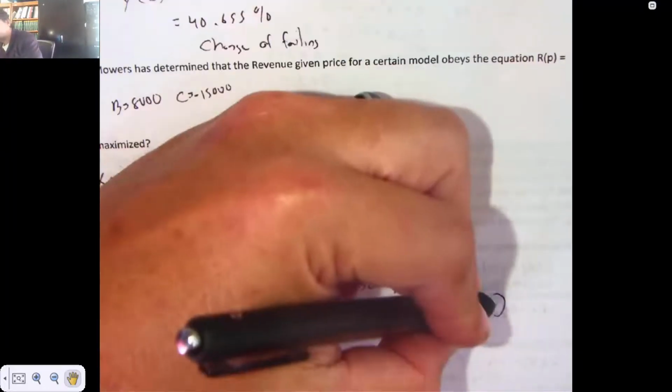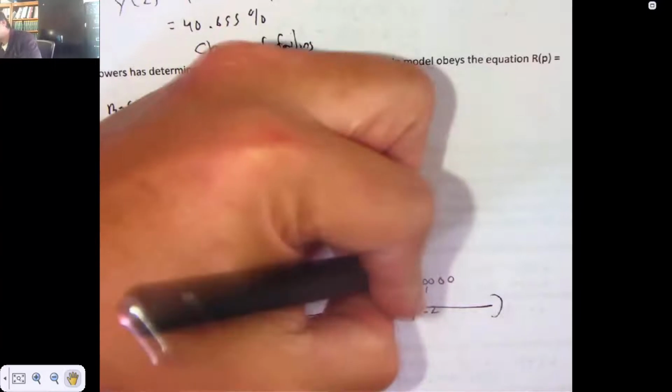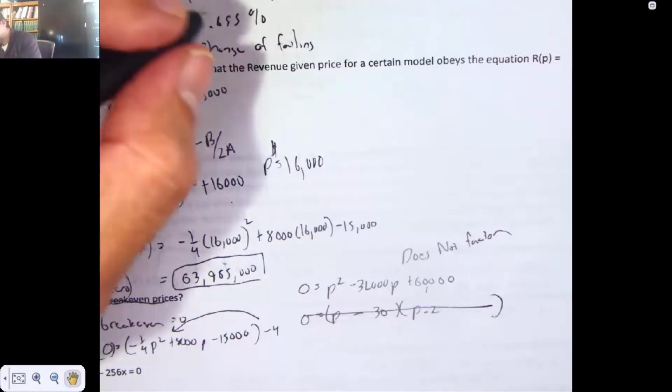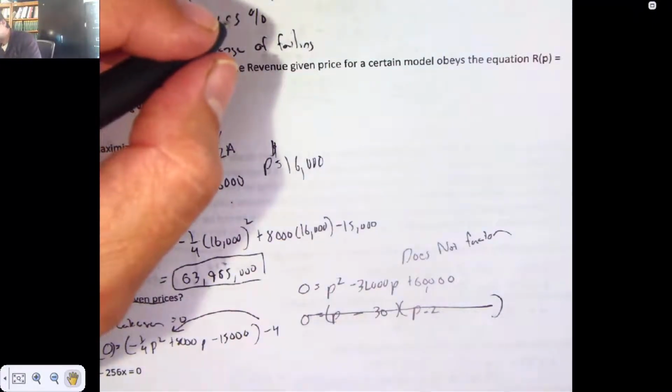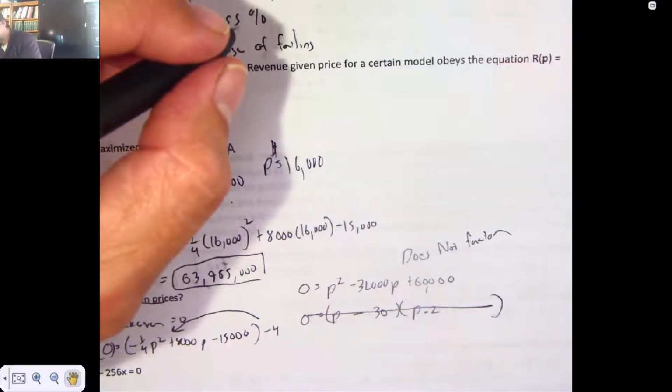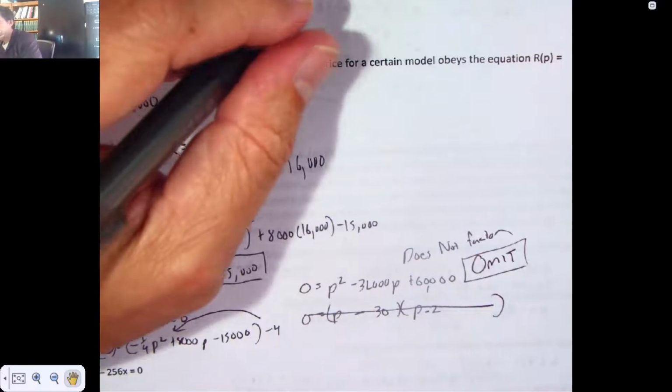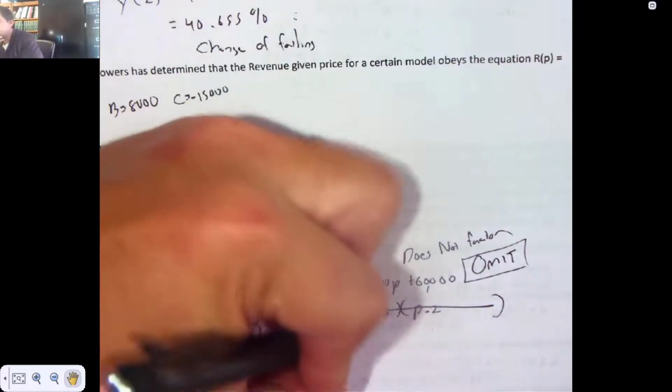This does not factor. That stinks. All right, so we're just going to omit this. It won't be on the test. If I keep it on the test, it will be a bonus.